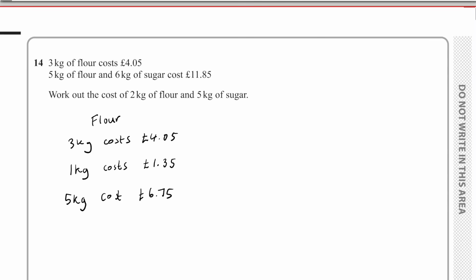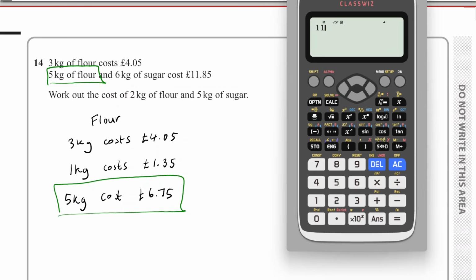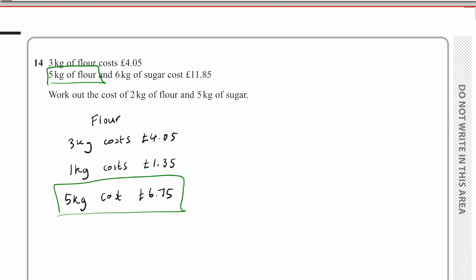And 5 kilograms of flour, which is this, and 6 kilograms of sugar cost £11.85. So if we take this off of our £11.85, £11.85 take away £6.75 is £5.10, and that must be 6 kilograms of sugar.